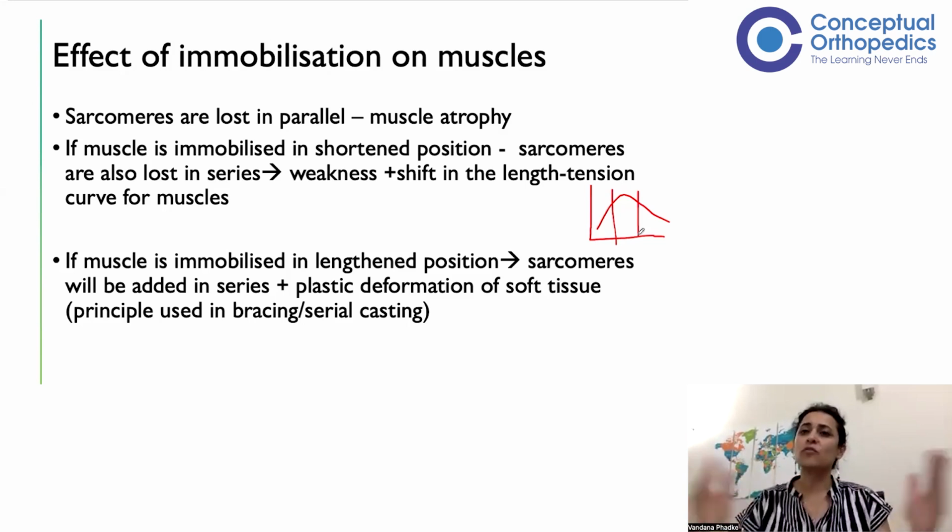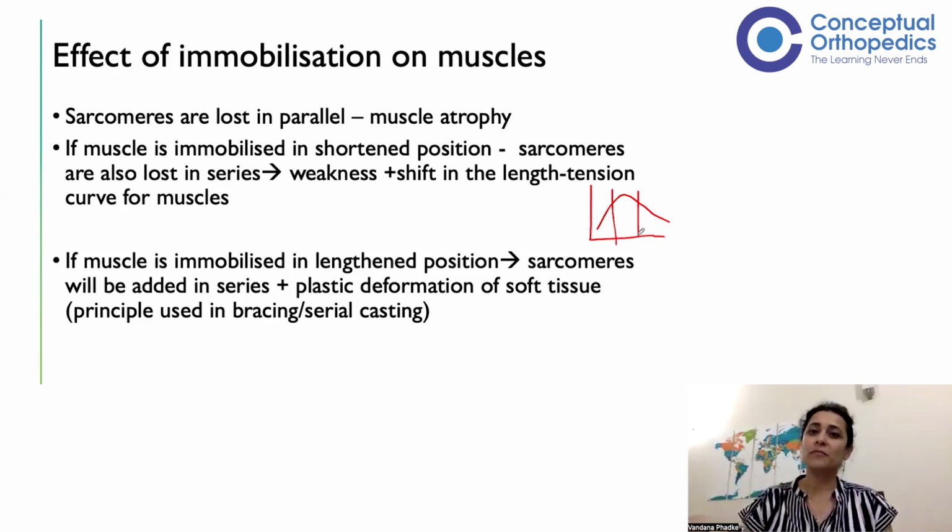So when the number of sarcomeres in that muscle reduces, it changes your length-tension curve, which means the eccentric capability, the muscle's capability to generate force while it is lengthening, reduces dramatically. So it gets injured more often. If a muscle is immobilized in a shortened position, it's weaker, especially during lengthening contractions, because it not only loses its mass, it loses sarcomeres in series also.